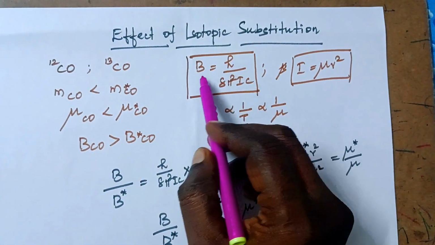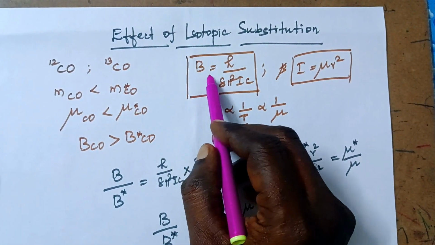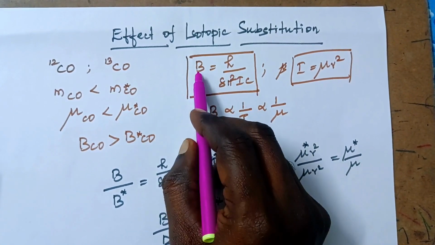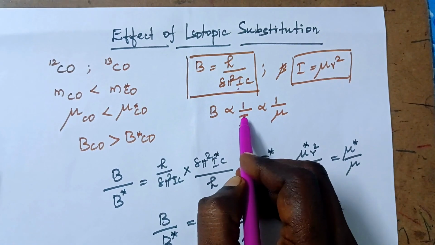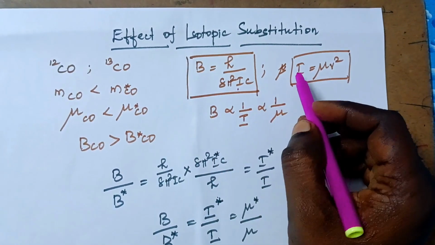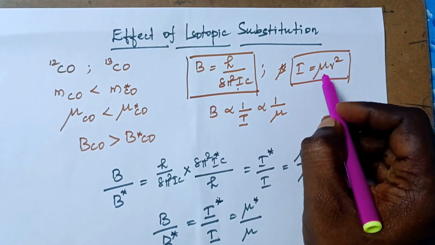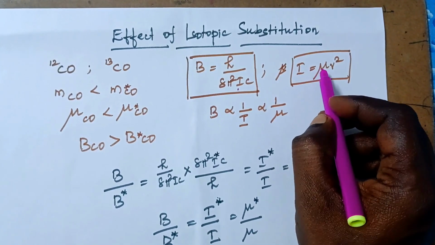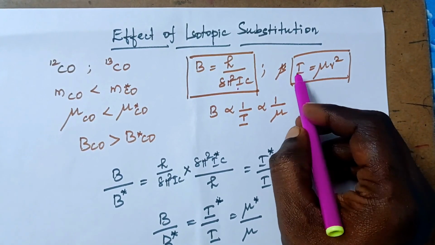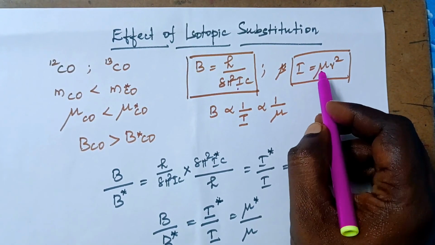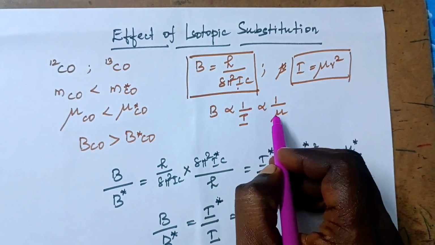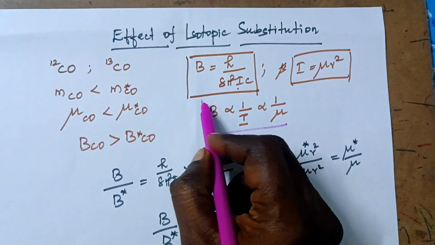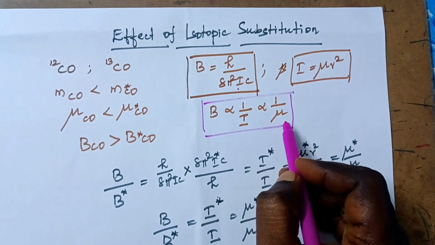Now see this formula. Rotation constant B is equal to h by 8 pi squared I c. From this formula, you can understand that B is inversely proportional to I. Similarly, moment of inertia I is equal to mu r squared. From this formula, you can understand that I is directly proportional to mu. So B is inversely proportional to I and mu.